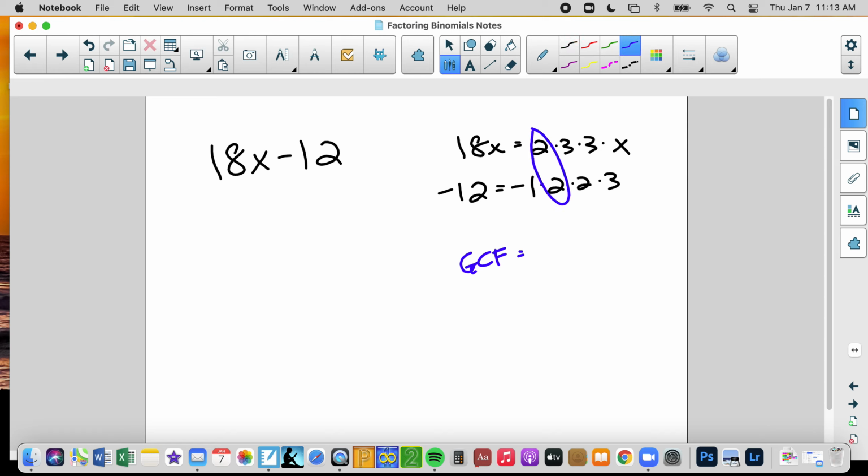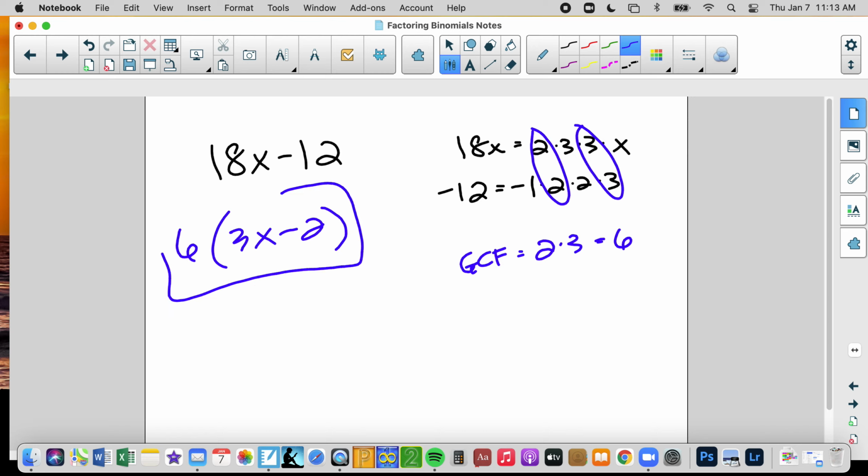We don't have to introduce an extra negative because my first term is positive, so we don't have to do that trick. And then my GCF is going to be 6, and my leftovers are 3x minus 2. So I just factored 18x minus 12 to become 6 times the quantity 3x minus 2.